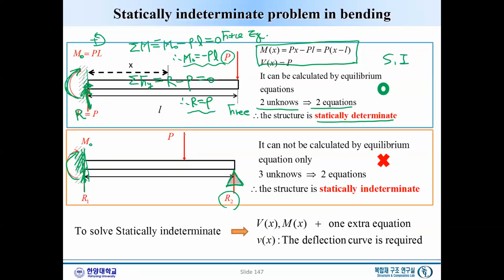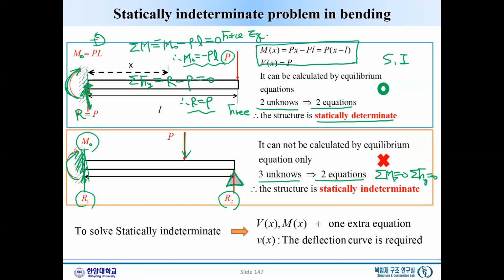This beam is subject to a vertical force P at an arbitrary position. Now, how many unknowns do we have? We have unknowns M0, R1 and R2, so there are 3 unknowns. And obviously, same as previous, we have only 2 equilibrium equations: moment equals 0 and vertical force, y direction, equals 0.